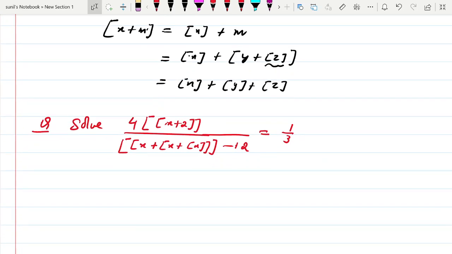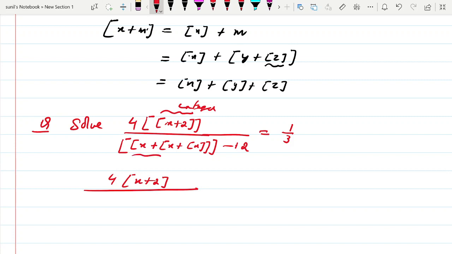Now guys, if I see the numerator part, this entire quantity is an integer. So based on this, can we write this as 4 times bracket of x plus 2? And this quantity, on the basis of the previous property, is thrice bracket x minus 12.